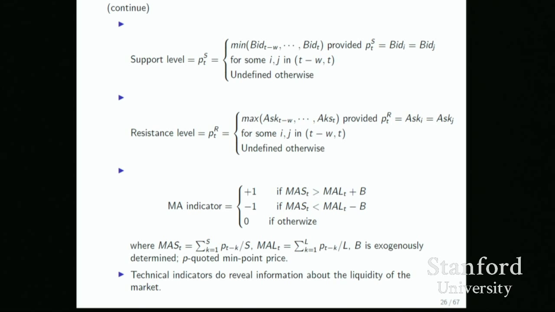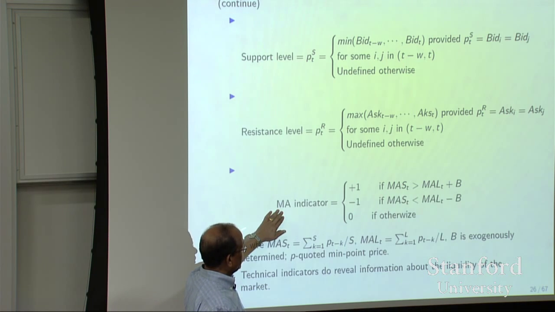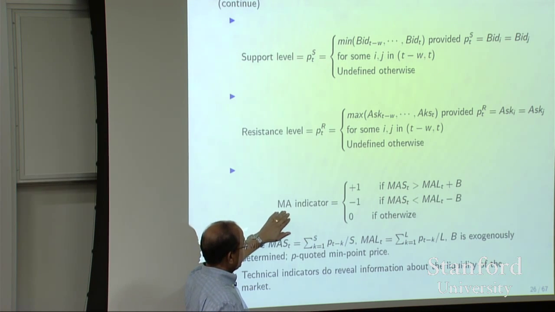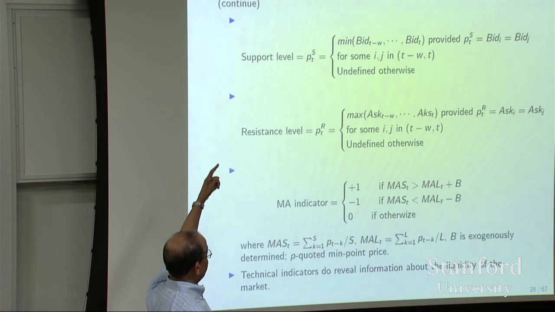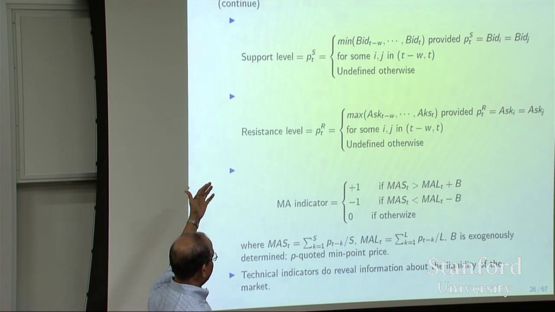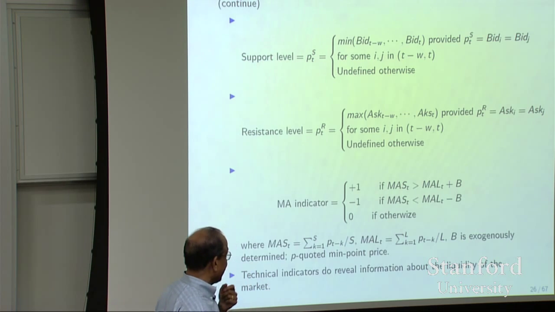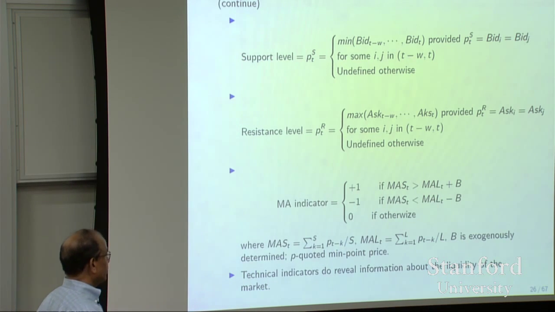If you know how fast the order book is changing, you can develop some simple rule here. They call it the moving average indicator. Essentially, they look at the moving average of the support level, the moving average of the bid level, and similarly the moving average of the resistance level, and use these rules to decide whether you want to enter or exit the market.